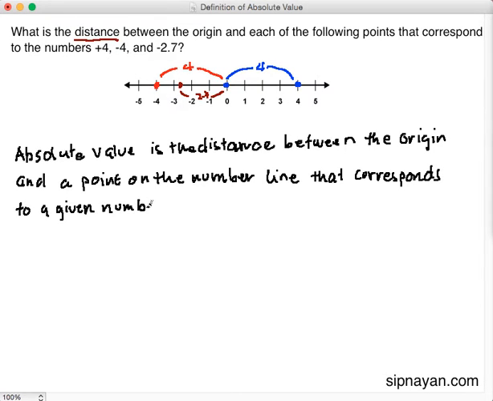Okay? So, number line yung pinag-uusapan natin dito, no? So, kung nasa number line ka, ang distance between 0 and a certain number is its absolute value.